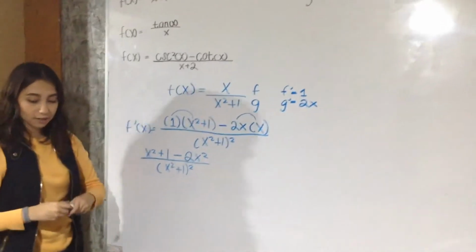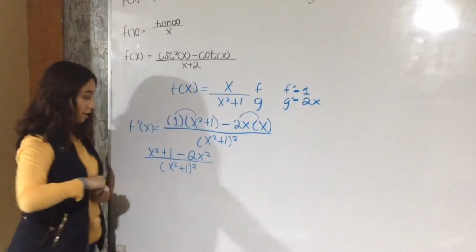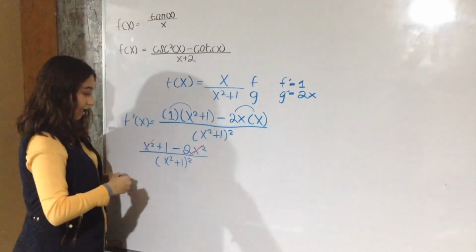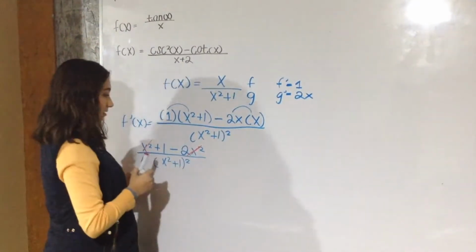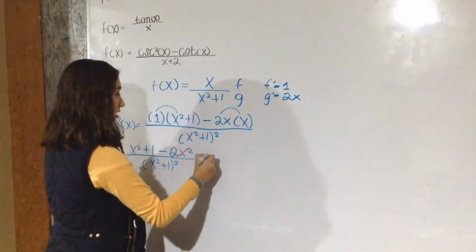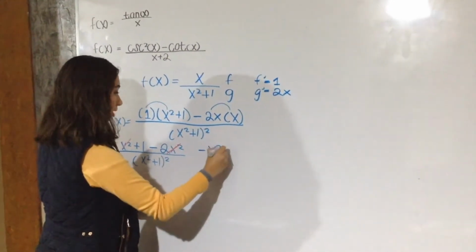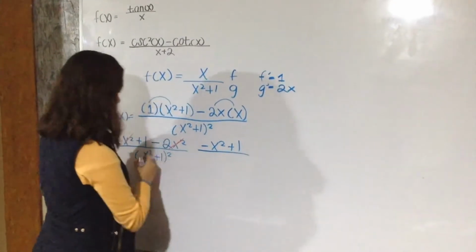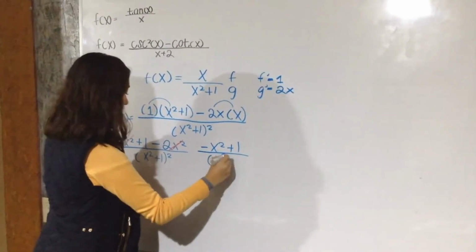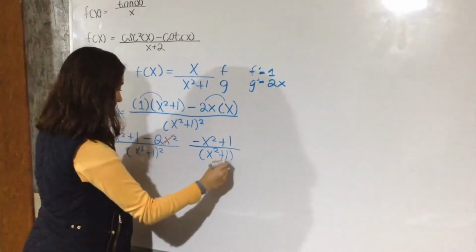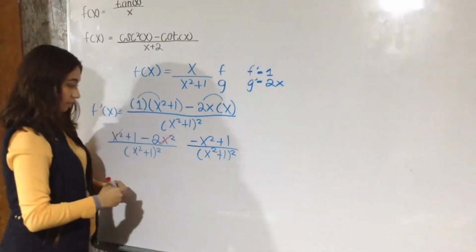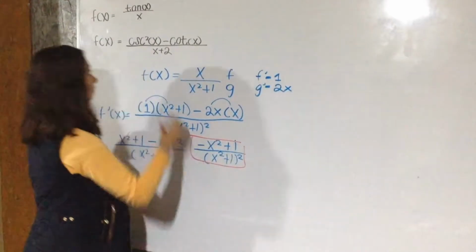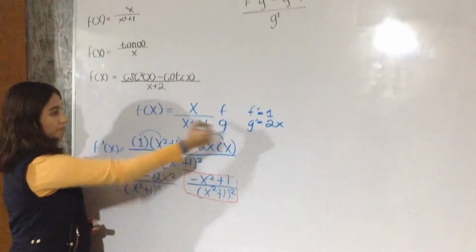Now we have to get together the similar terms. x squared minus 2x squared is minus x squared plus 1 over x squared plus 1 squared. This is the result of our first function.